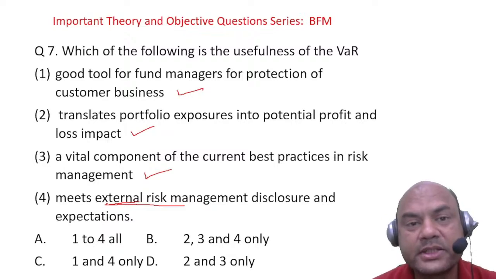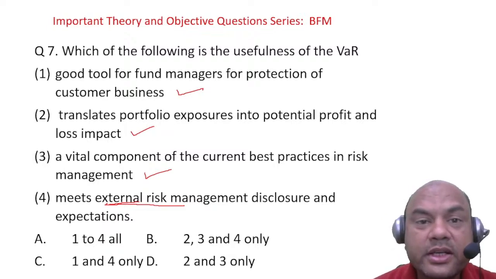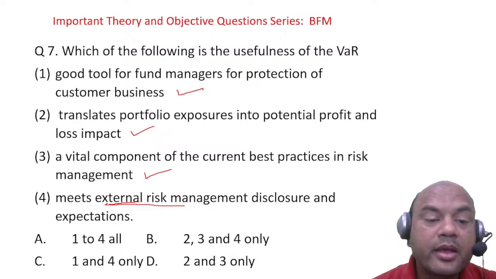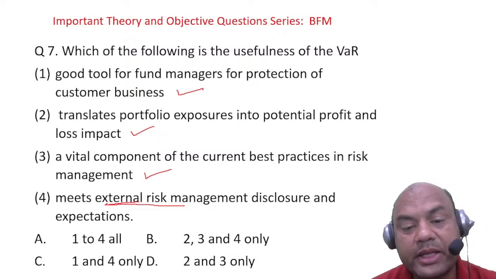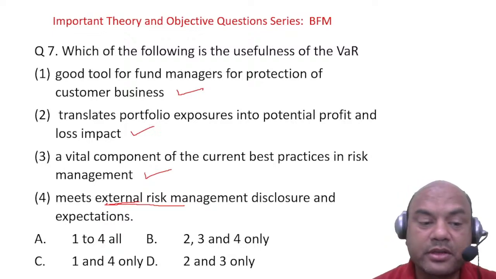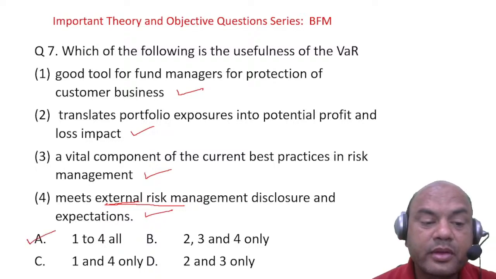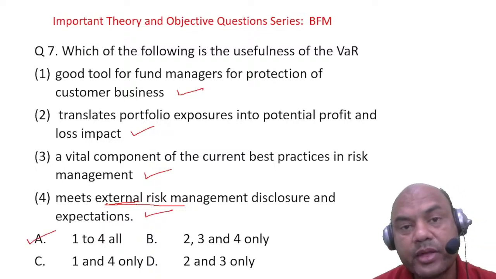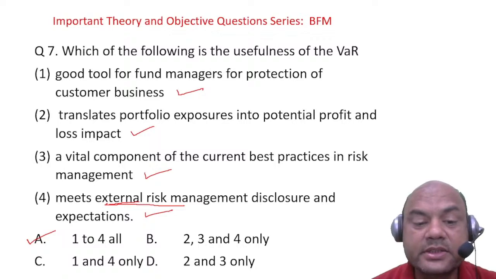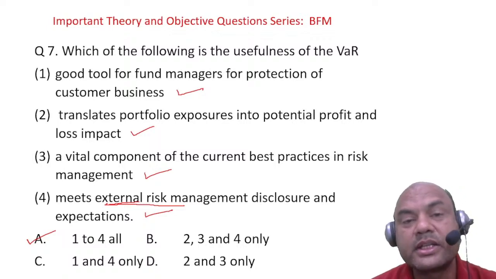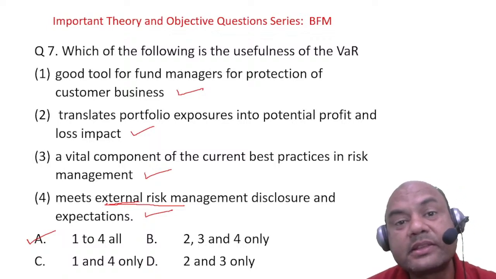Systemic risk is a part of your settlement risk. So it meets the external risk management disclosure and expectations which are required by the Basel norms now. So the answer is all, 1 to 4. Correct?